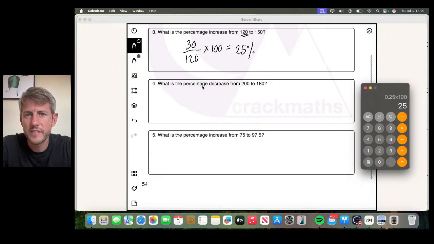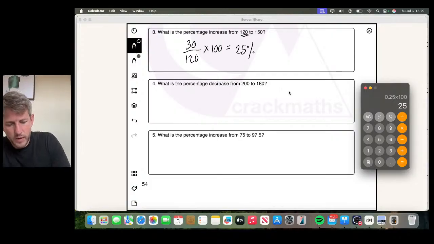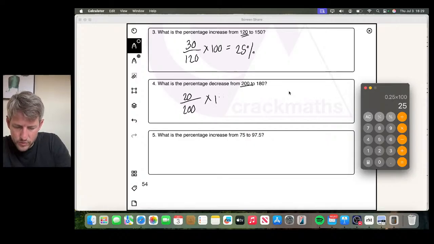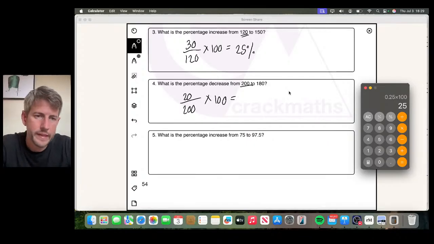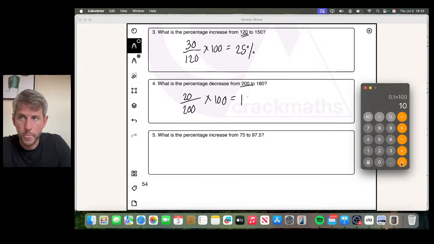What is the percentage decrease from 200 to 180? So it's gone from the 200 and it's gone down by 20. So 20 out of 200 times 100 equals this. So 20 divided by 200 is this times 100. 10%.